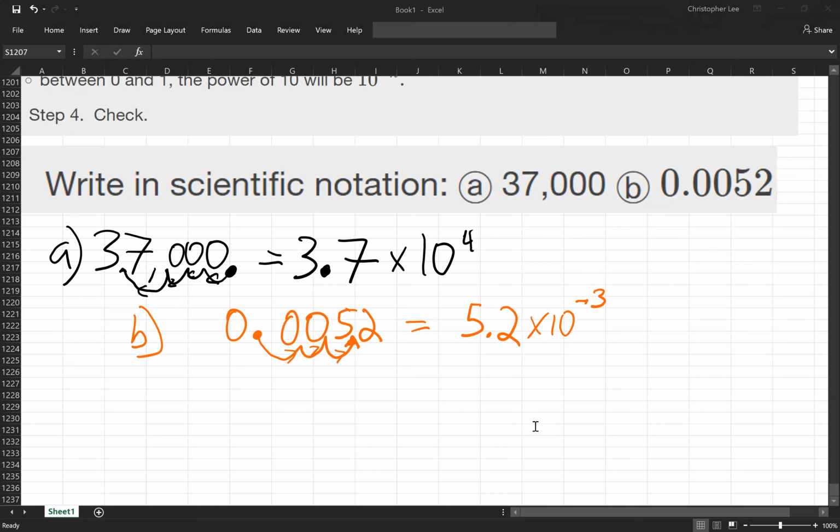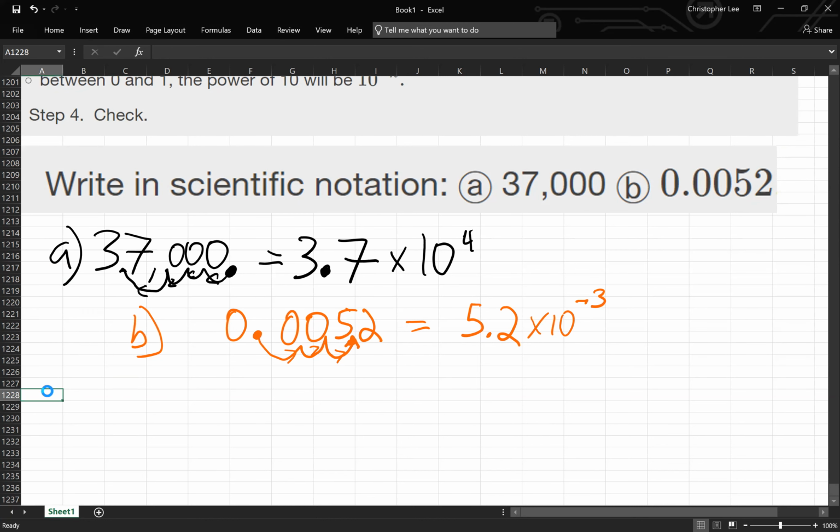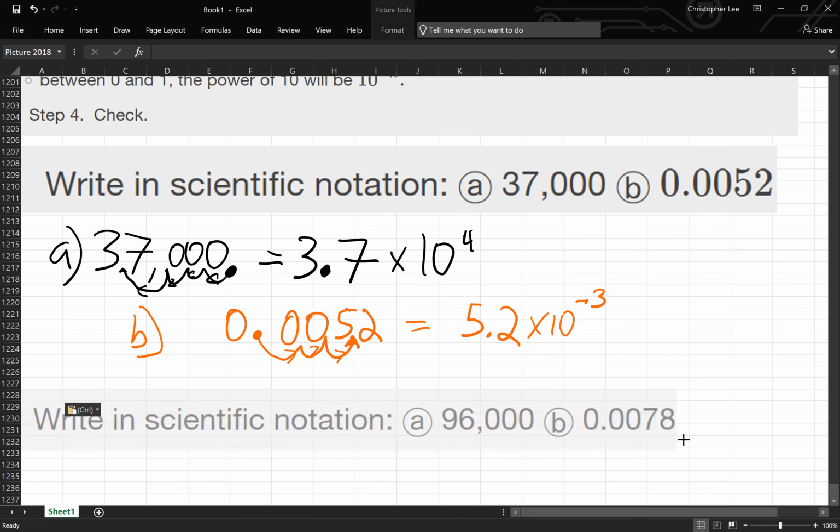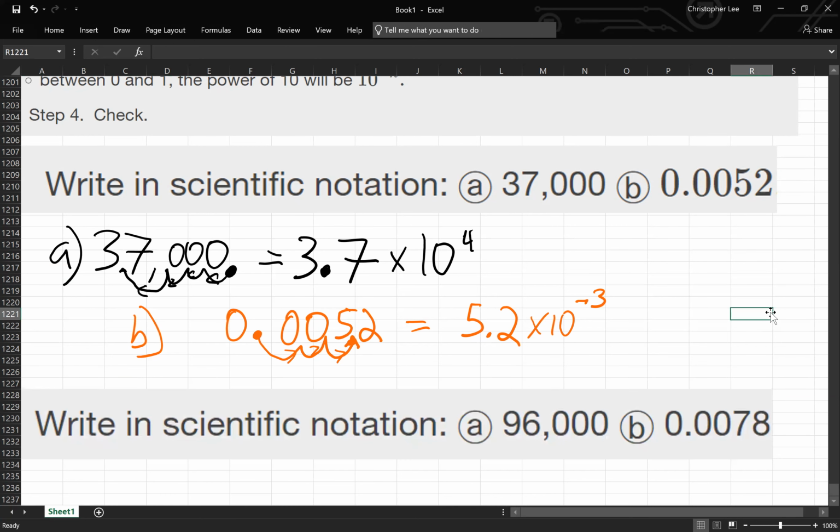Let me let y'all try one. Of course, in science, y'all probably gonna have some ridiculous numbers. Just trying to get y'all the idea. That's why I'm using these small numbers here.